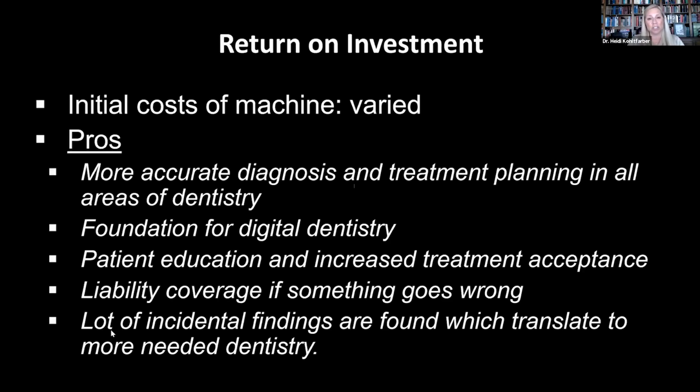With a really, really cheap machine, you might be getting what you pay for, and you may not have a lot of the bells and whistles or the algorithms that can reduce noise or imaging artifacts. So think about that. Probably don't want the cheapest one on the market. But initial cost is varied.